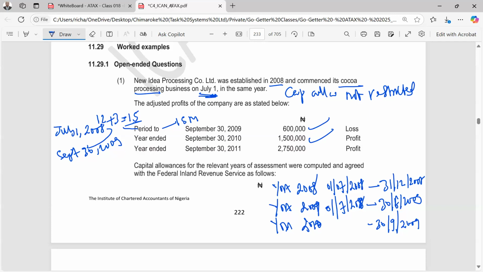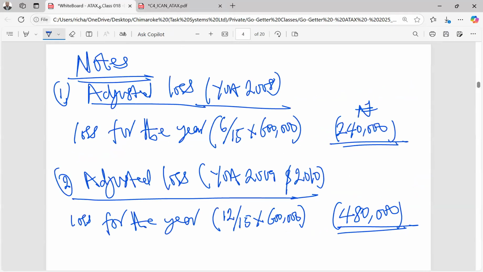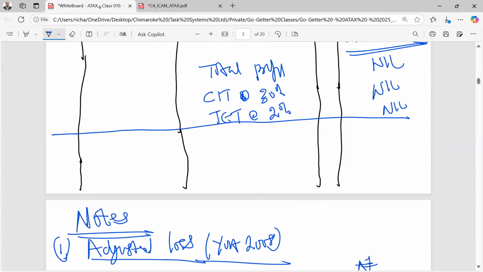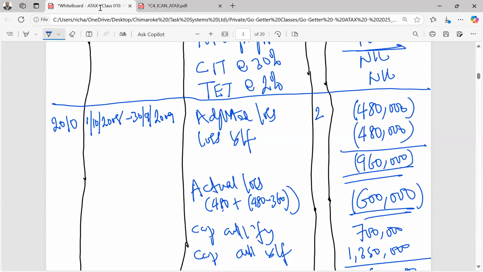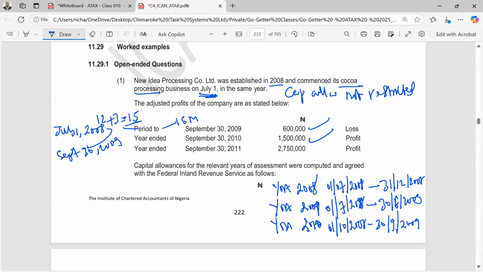And it has to be 12 months. So it means that it must have started on October 1, 2008. And that's what I have here. This is a 12 months period, which is also in this same bracket, because you can see this is September 30th, 2009, and this is where it ends. So the 12 months is inside here.